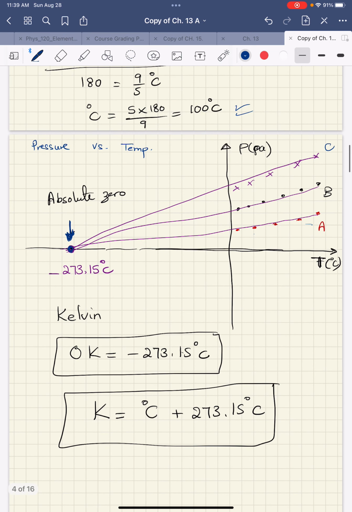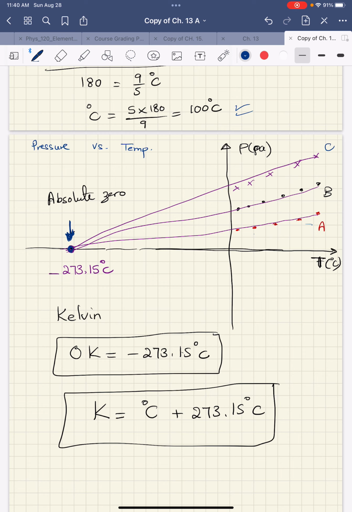Therefore, the Kelvin scale was created, and the Kelvin scale is the official, standard unit for temperature. Always, if we want to use a temperature in an equation, it should be in kelvins.